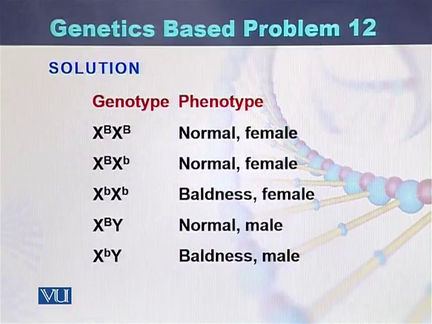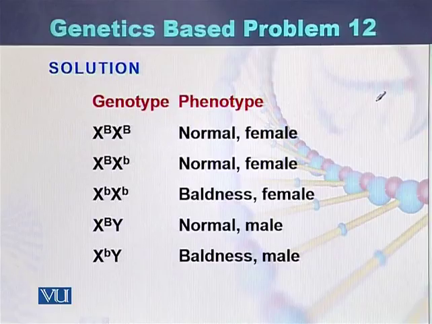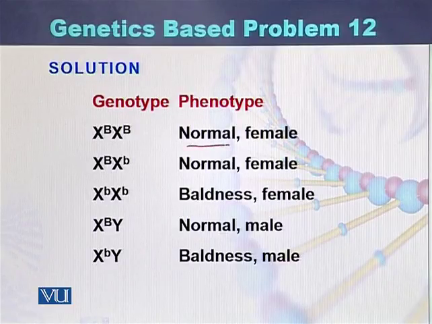Based on the information provided, we have to see that the disease is X-linked and recessive, and determine what the genotypes and phenotypes would be. If the female is normal, then both alleles would be dominant.